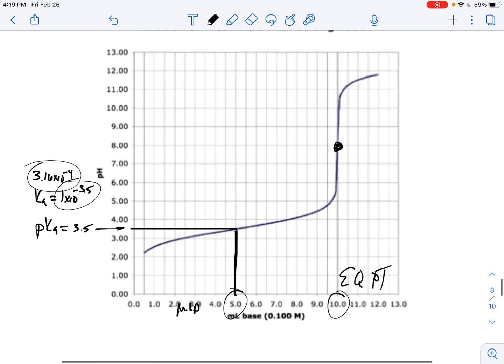So the cool thing about this is if you know what the equivalence point is, then you know what the midpoint is, and if you know what the midpoint is, you know what the K value is of your acid. So you can use that to identify that acid at the appropriate time.